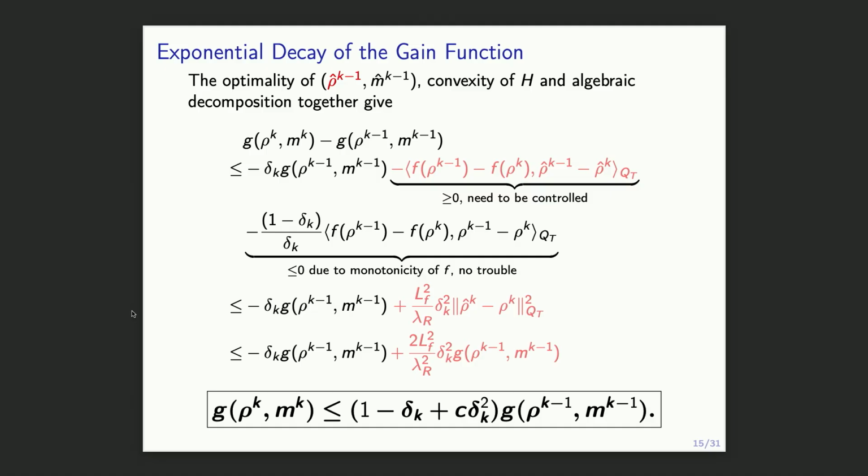So look at here, the good term is dominated by delta k, and the bad term is dominated by delta k squared. So overall, as long as I take a small enough delta k, I will get some decay property. And something even better is this gap between rho k and its best response can be controlled by the gain of the best response. So it is possible for me to get some linear convergence or exponential decay if you like.